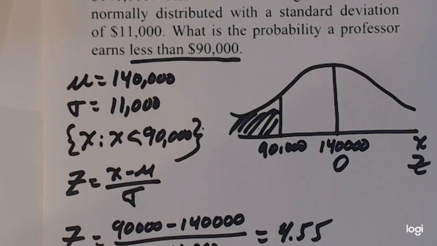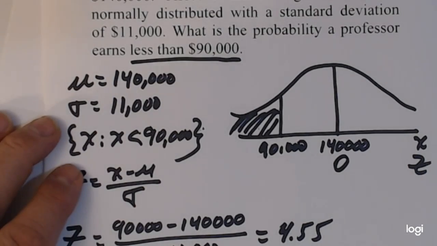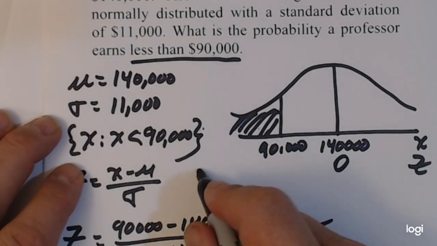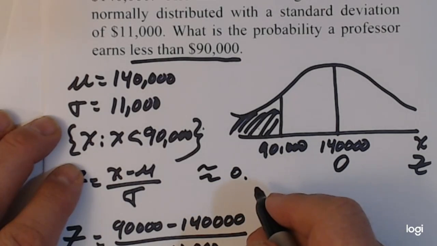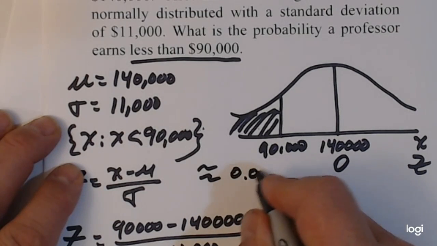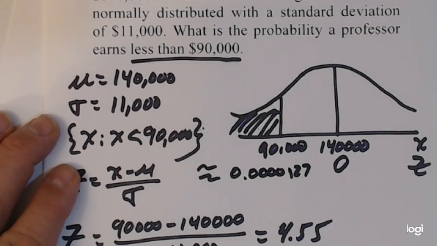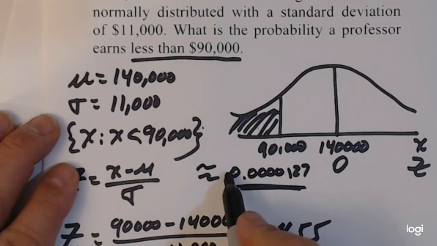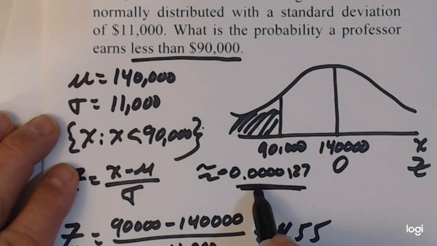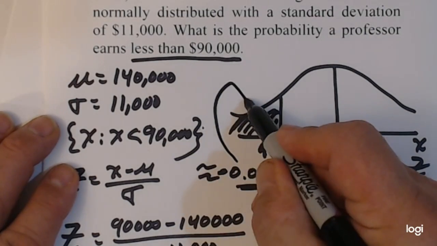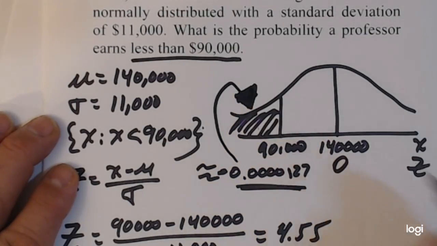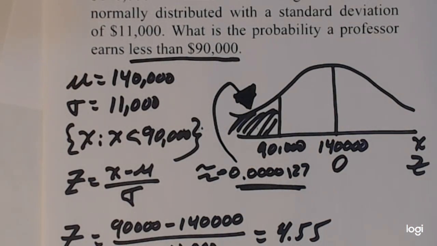This is a continuous curve, and so we're never going to get an exact value, but in this case, it is approximately 0.0000127. That is the area associated with a Z value of 4.55.